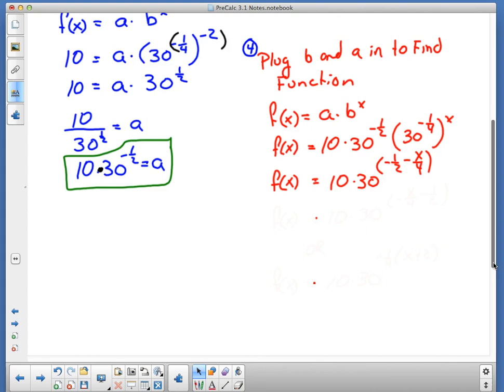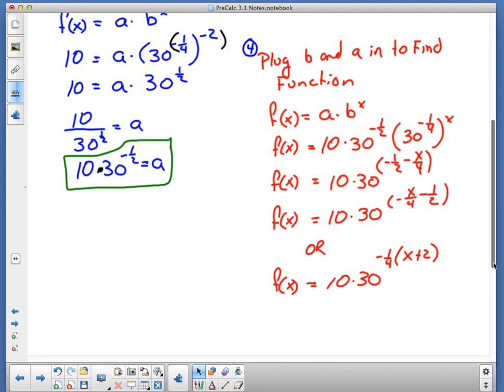I could have it come out as negative 1/4 times the quantity 2 plus x inside, or x plus 2 inside that power. Just depends on how my answers are written, because any one of those three is the same answer.